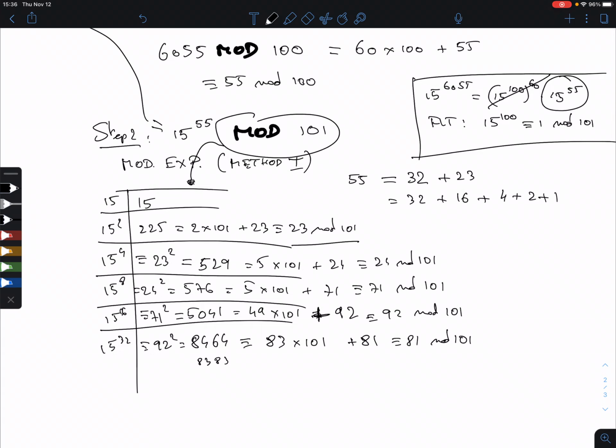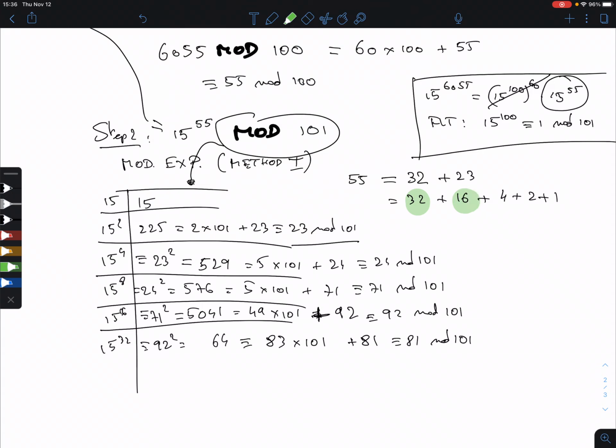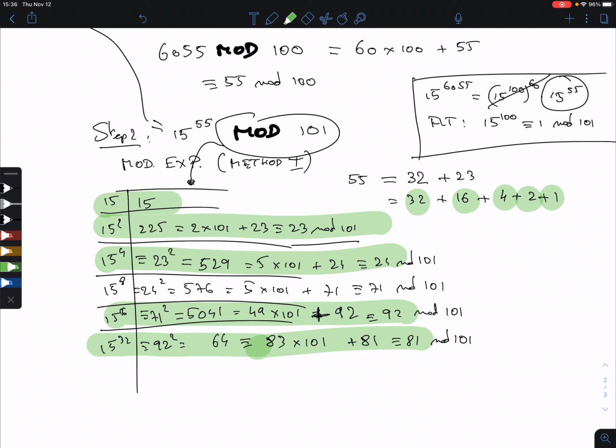Okay. And now you have to put this together. As I said, because I chose random numbers, we need all these guys. We need the 32, the 16, the 4, the 2, and the 1.